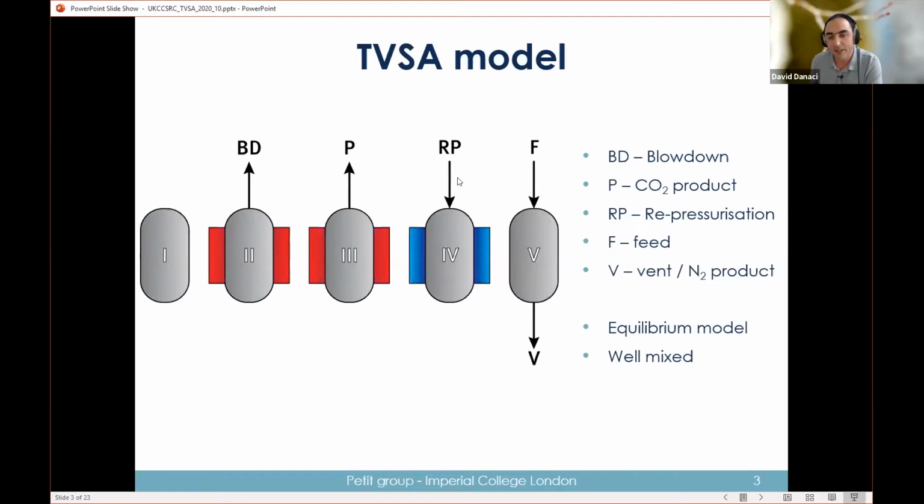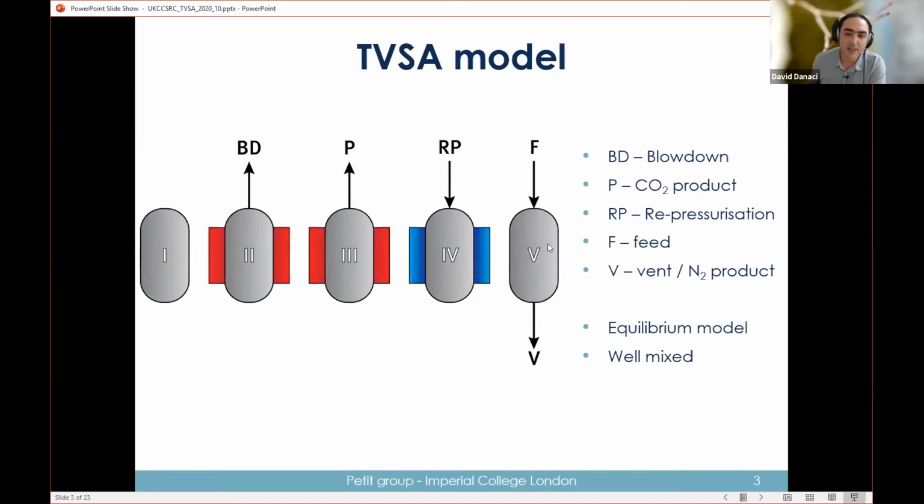We keep it isobaric because as the temperature reduces, the adsorbent will tend to adsorb and reduce the pressure. To counteract that, we feed in some gas to maintain the pressure.